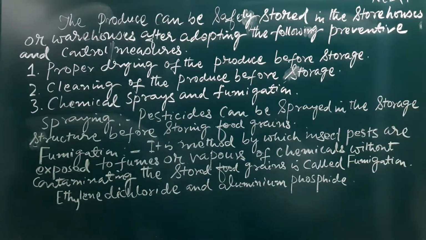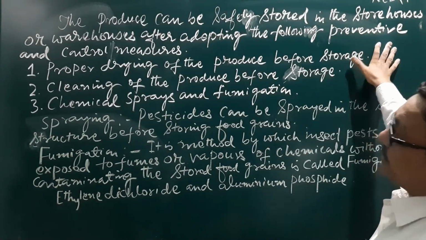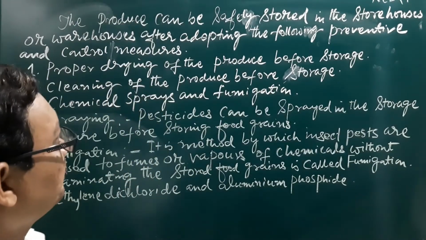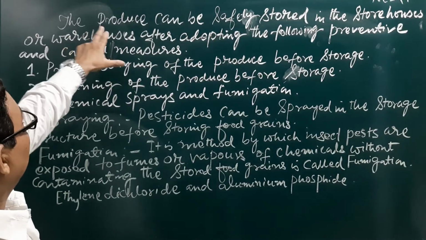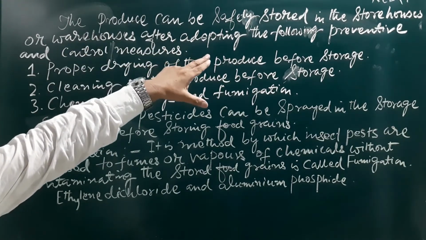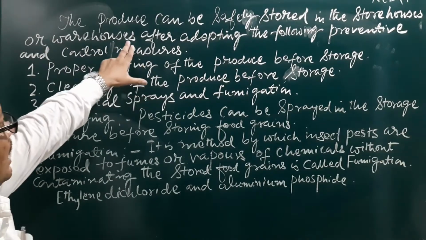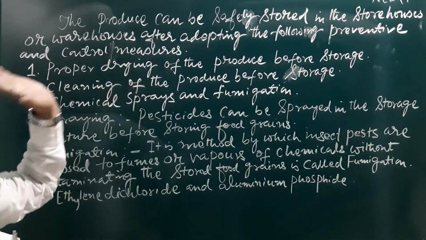Now look here, how can we safely store the food grains in the different storage structures? Here are some measures. The produce can be safely stored in the storehouses or warehouses after adopting the following preventive and control measures.